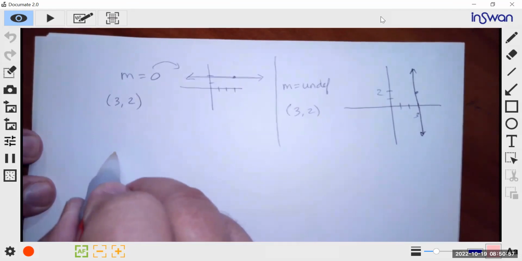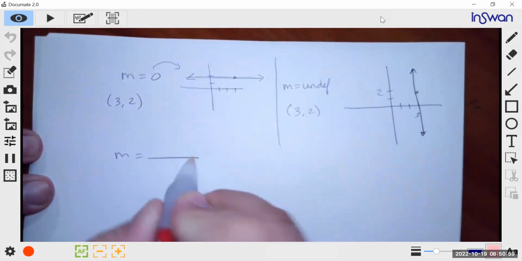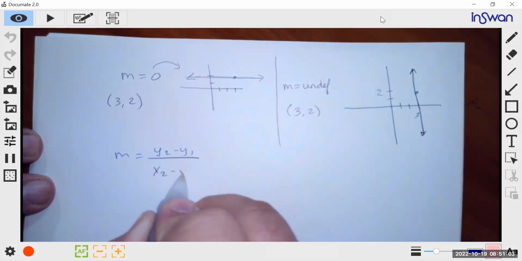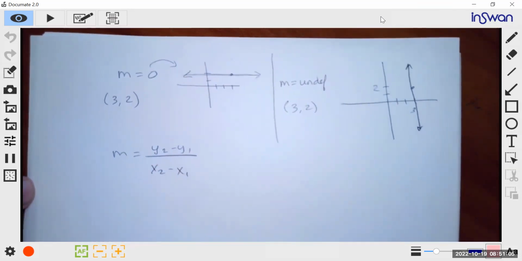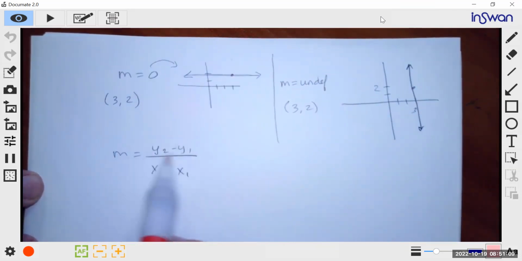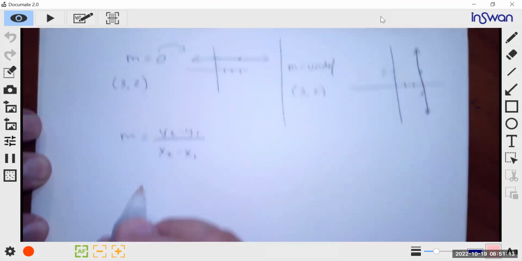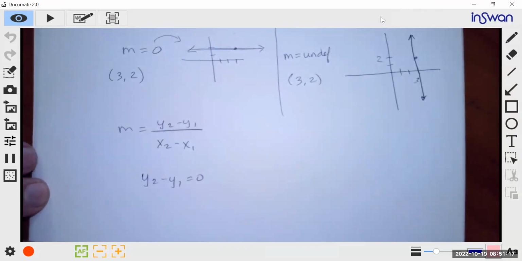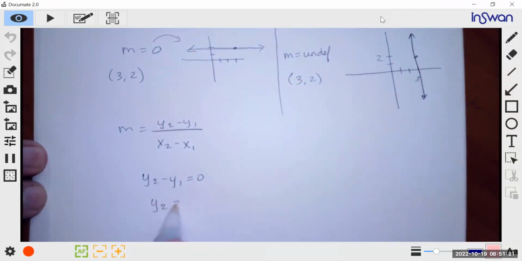Because remember, in the slope equation, the only way it can equal 0 is if the top is equal to 0. The only way the top can equal 0 is if what is true? If both of the y values are the same.